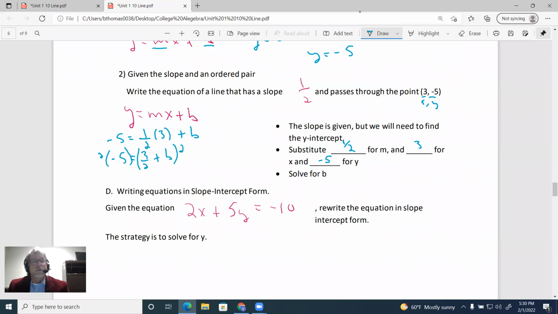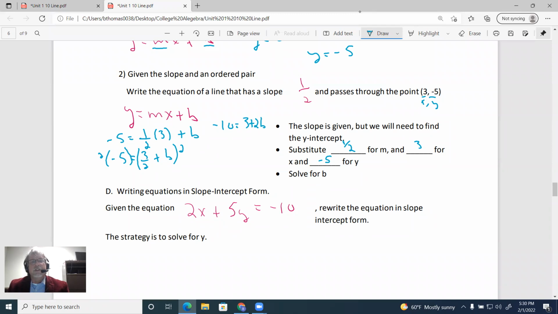So 2 times -5 gives me -10. That equals, the 2 cancels with the 2 in the denominator and just leaves me 1 times 3, which is 3, but I still have to multiply the 2 times the b, so I have plus 2b.